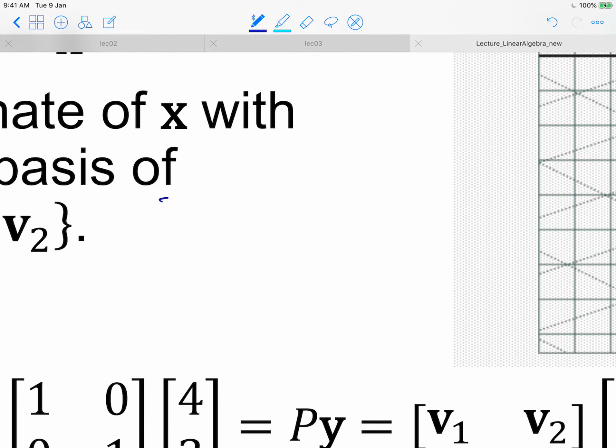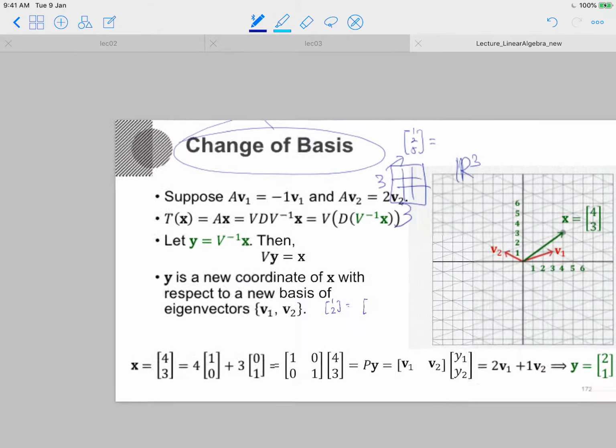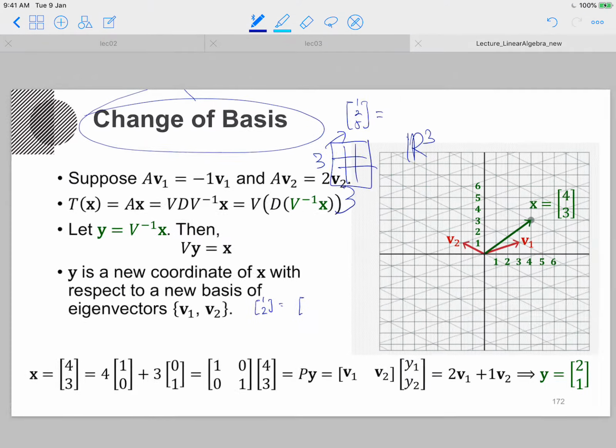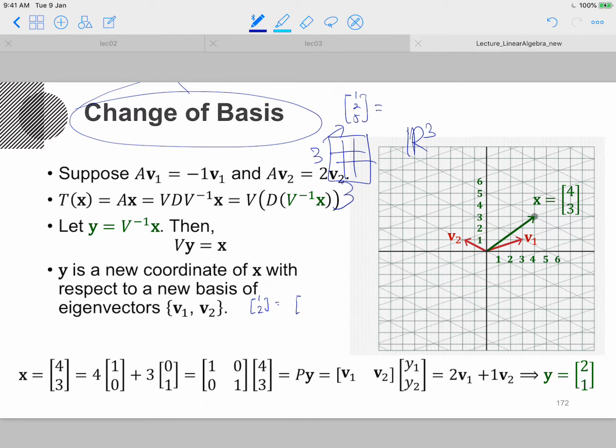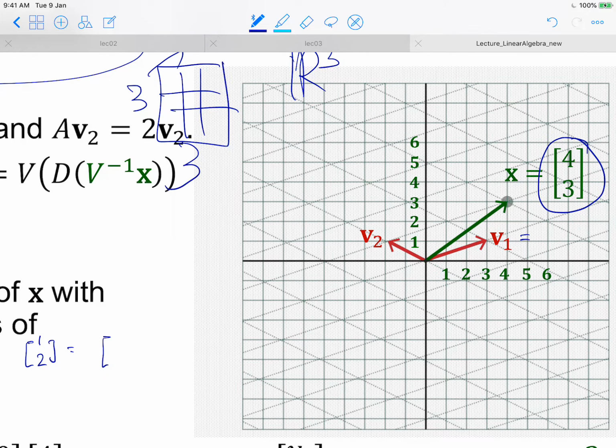So let me make it simpler and follow this example. Our given vector x is 4, 3, and suppose our matrix A has 2 eigenvectors, 3, 1 and negative 2, 1.